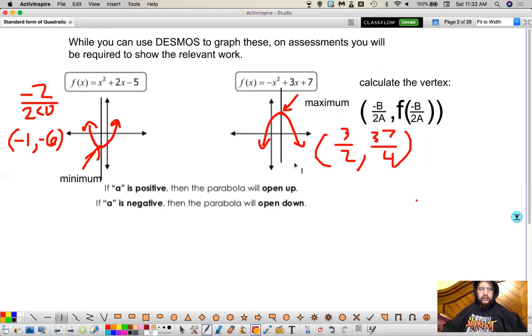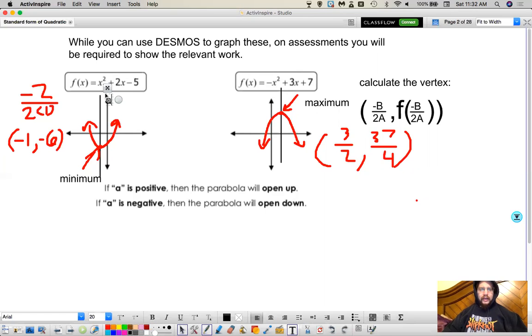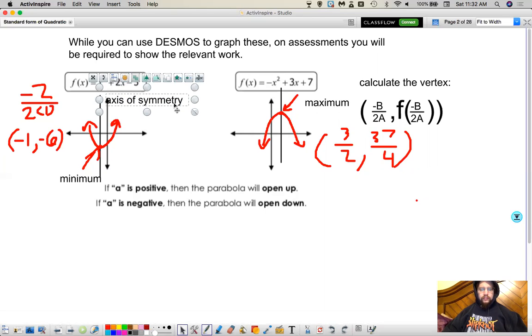Make some notes on the side of what these things are so you know what we're talking about. But if you don't have room to put them, don't worry about it. This is our axis of symmetry. There you go.